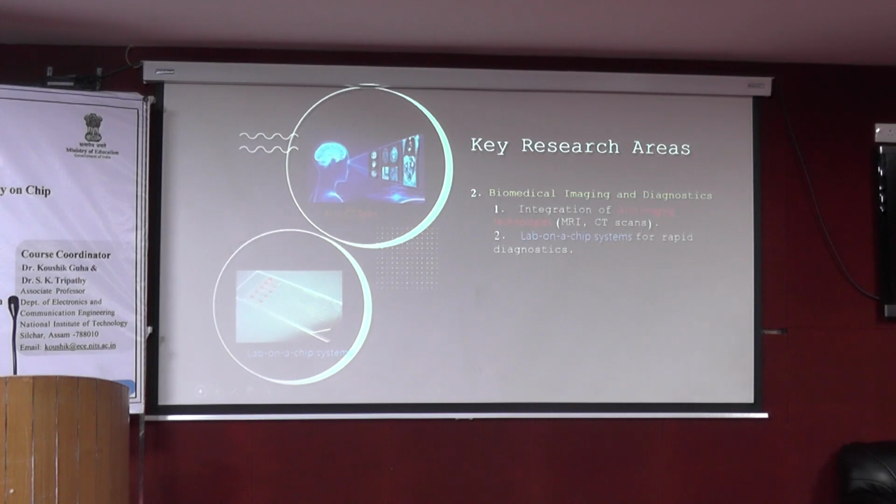This is called rapid diagnostics. Like in COVID time, the whole world had to depend on lab on chip systems, because day by day COVID cases were increasing so high. You do not have more time to detect whether you have COVID or not, so instantly you have to detect whether you are COVID affected or not. For that, lab on chip systems are very, very useful.